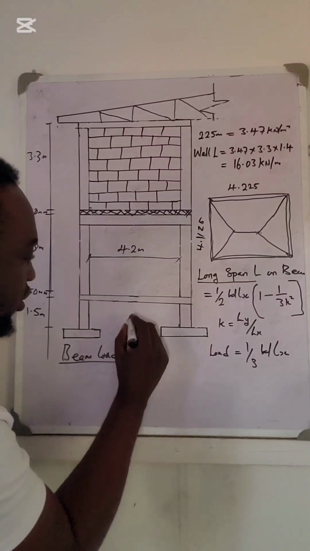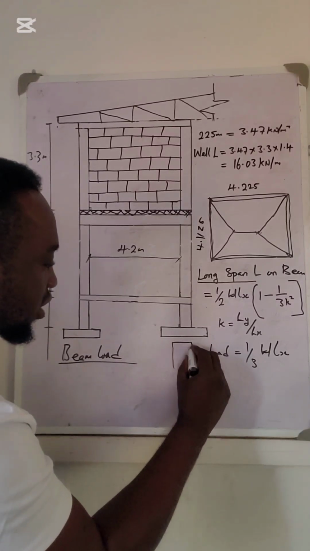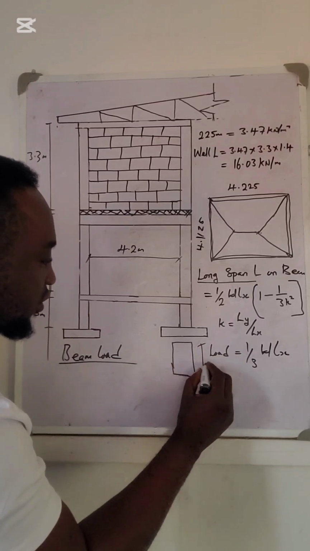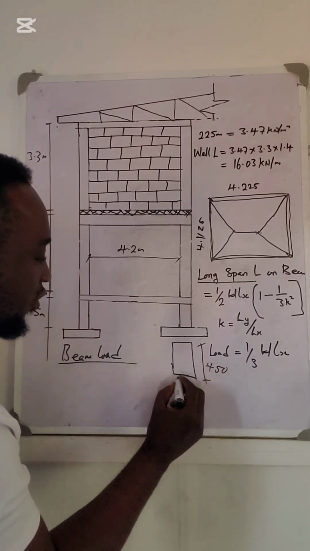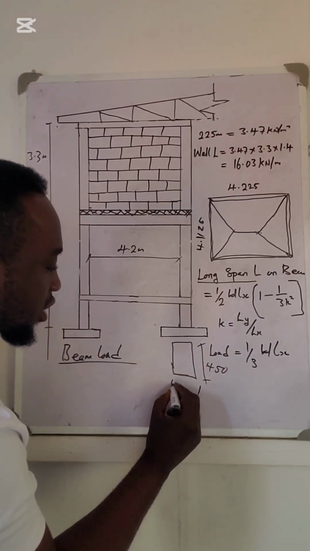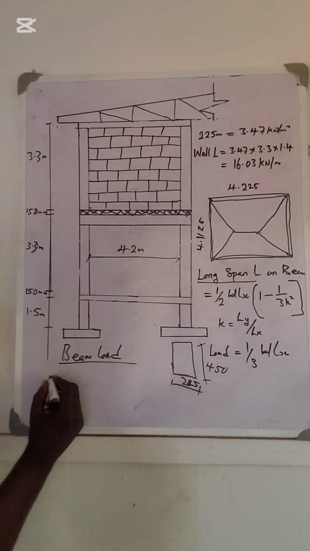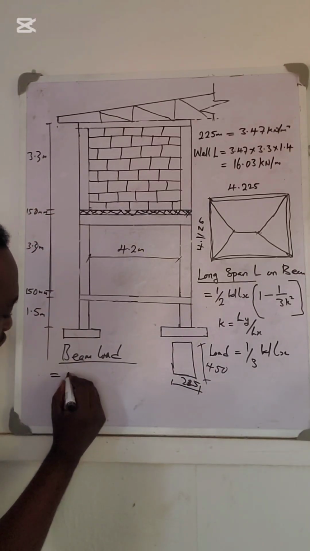So the section is this. From here to here is 450, while from here to here is 225.